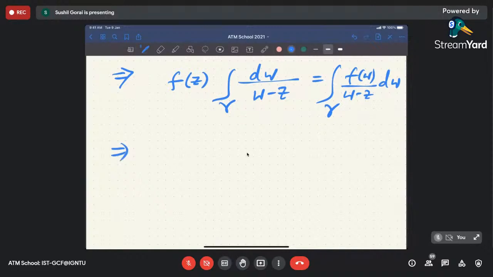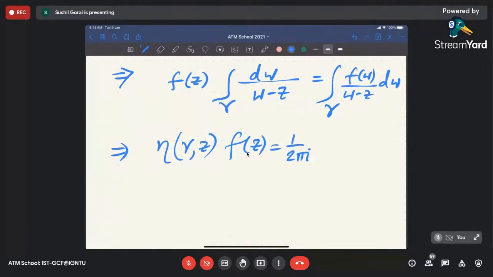So this part gives you the index. So the index of gamma at z times F(z) is equal to, well, you need 1 over 2 pi i. So this 1 over 2 pi i comes with integration over gamma F(w) by (w minus z) dw, right? So this proves the Cauchy integral formula.